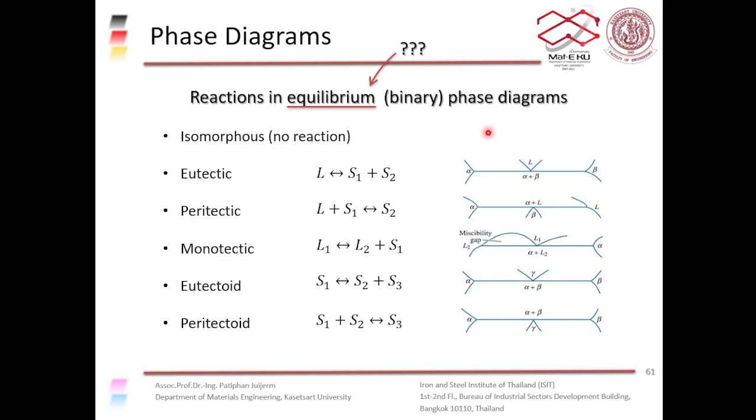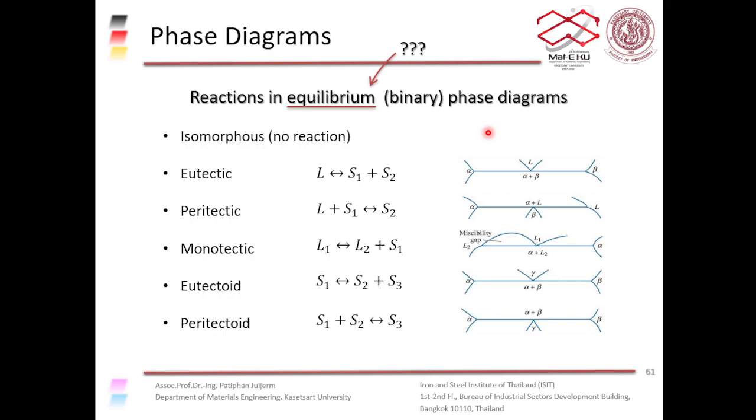You can have a ternary phase diagram or a quaternary phase diagram when you mix three or four elements together. But the ternary phase diagram looks really complicated. It looks like a three-dimensional phase diagram, so it's quite difficult to visualize.